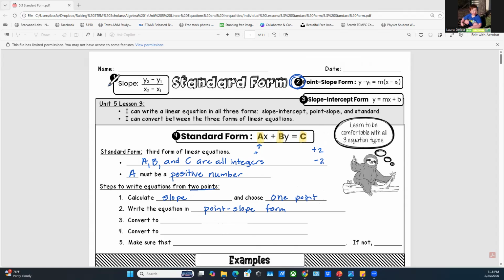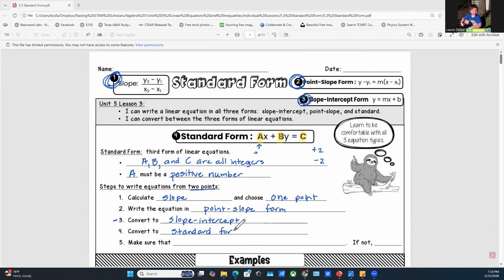That's why I numbered them. Once we have point slope form, we can convert to slope intercept, which I numbered 3. Coincidence? I think not. And then last, we can convert to standard form.